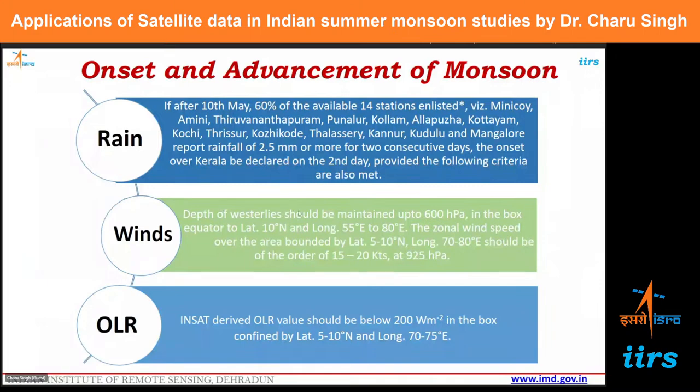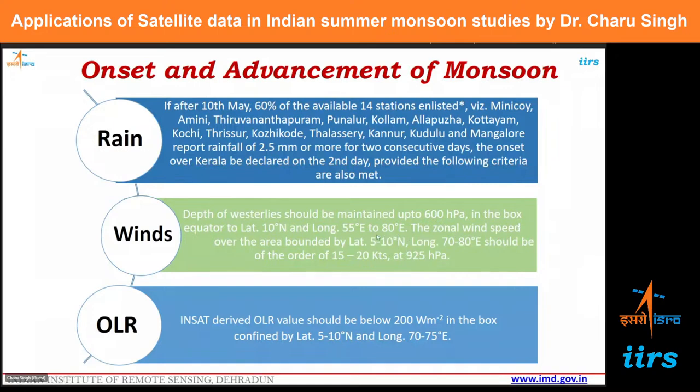So the westerly winds should be maintained up to 600 hectopascal. That is the height approximately 4 kilometer. Up to a height of 4 kilometer from the surface, we should witness the westerlies in the box from equator to latitude 10 degree north and longitude 55 degree east to 80 degree east.